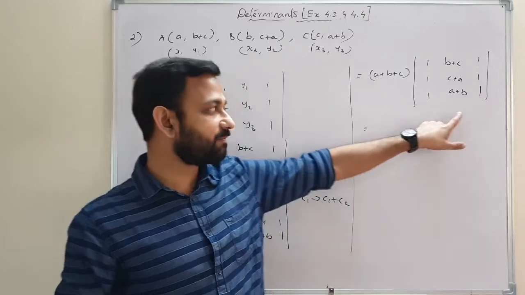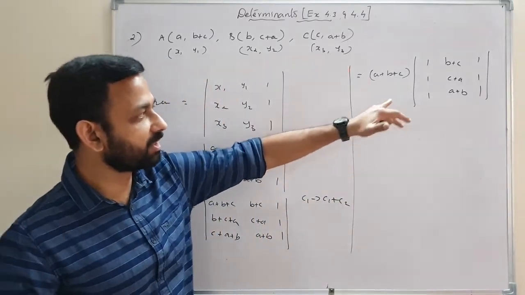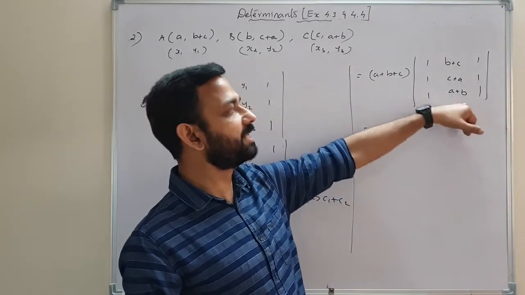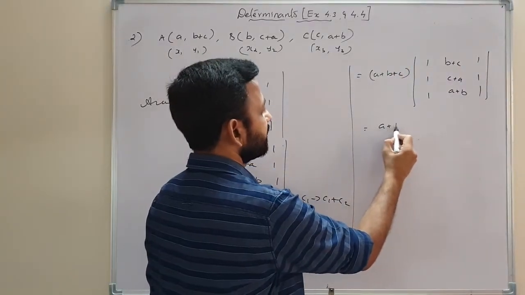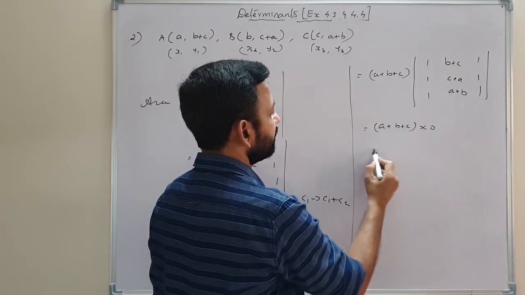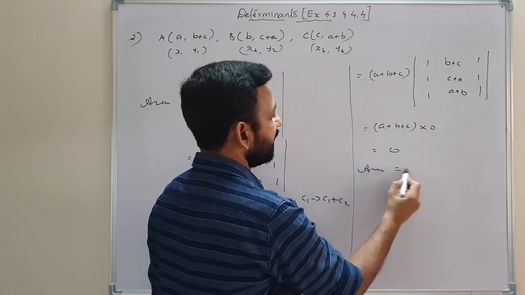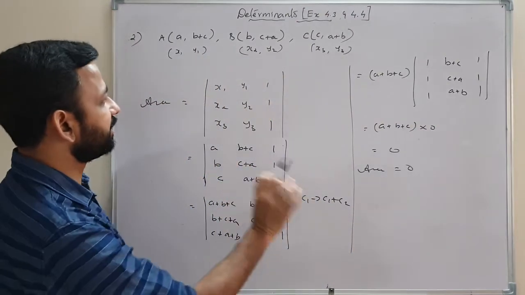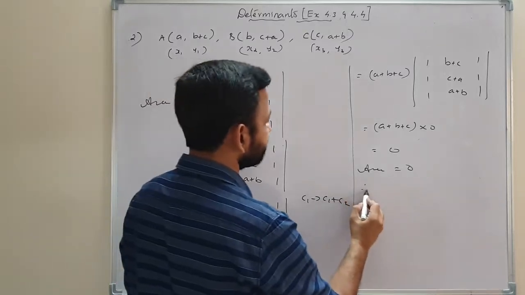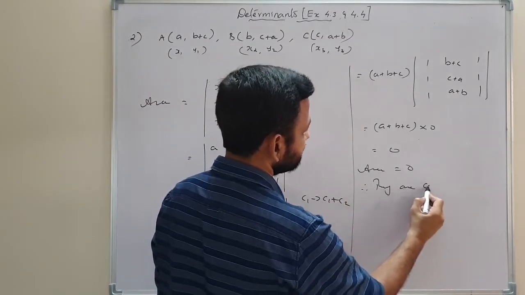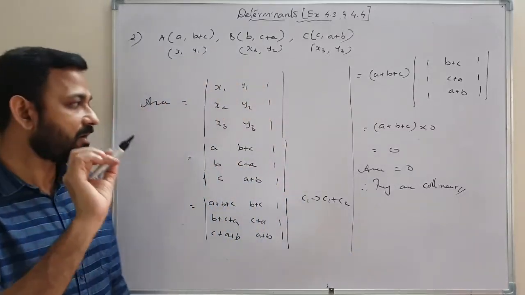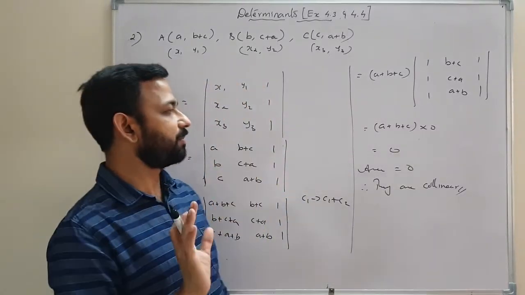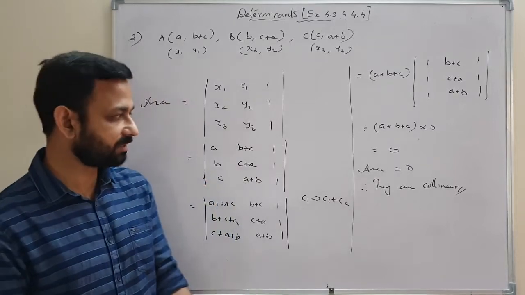That is the property of determinants: if any two columns or any two rows are identical in a determinant, then the value of the determinant will be 0. So that is a plus b plus c into 0, that is 0. So here the area is equal to 0. If the area is equal to 0, then we can say that the points are collinear, because the area of the triangle formed by the 3 points is equal to 0. So they are collinear.